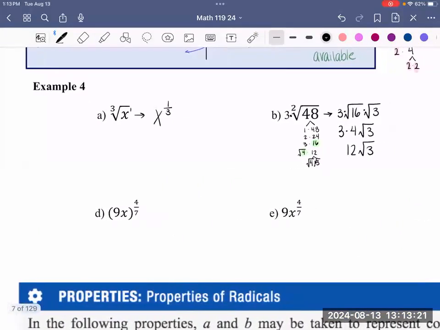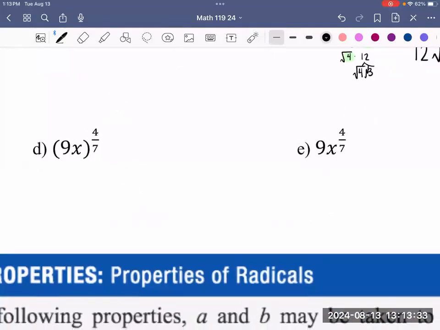Now, taking a look at the difference between D and E, one has parentheses and the other doesn't. So if we go to convert from fractional exponents into a radical, which is I think what this question was asking for, this whole thing has parentheses.